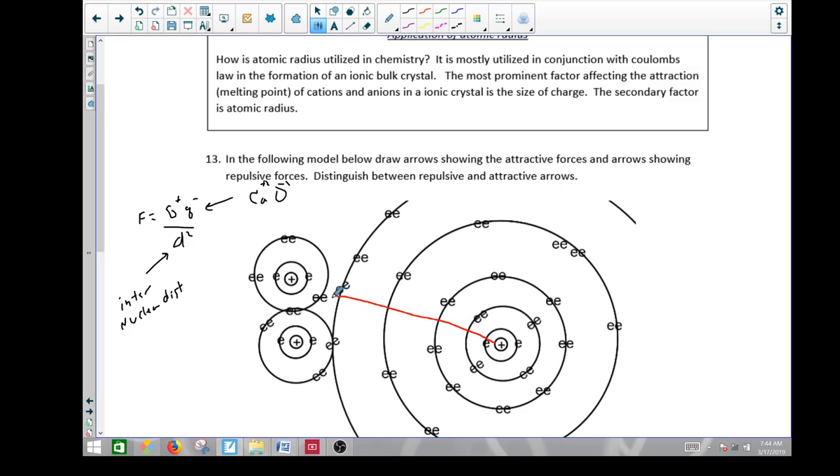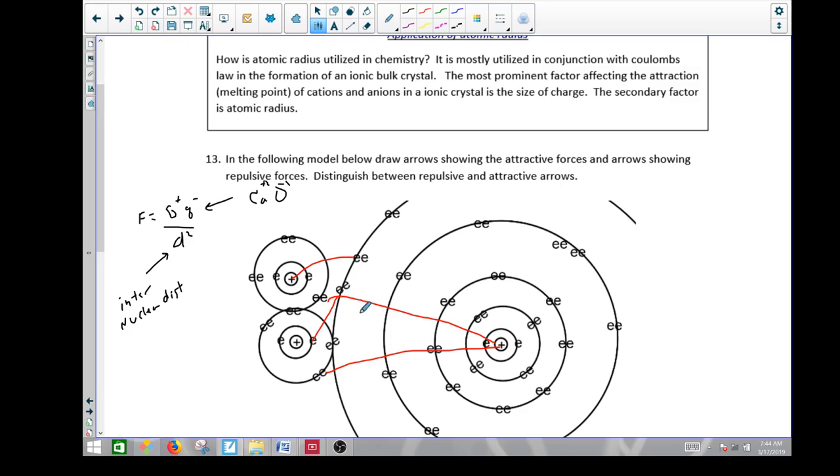This is an attractive force, and this is an attractive force. Another attractive force would be this one attracting to this one's electrons. A little farther, but you can see right here. Okay. Short distance, long distance.